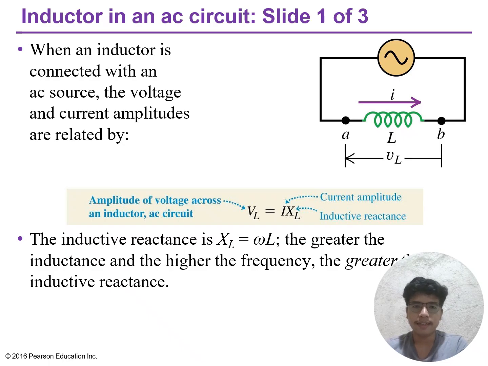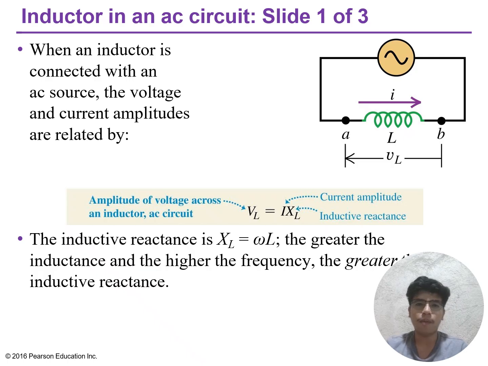The critical insight is that greater inductance and higher frequency both produce greater inductive reactance, meaning the inductor becomes increasingly effective at opposing current flow as frequency increases. This frequency dependence is fundamentally different from resistive behavior.